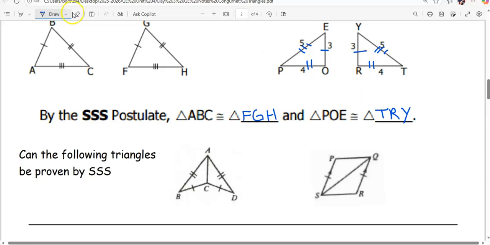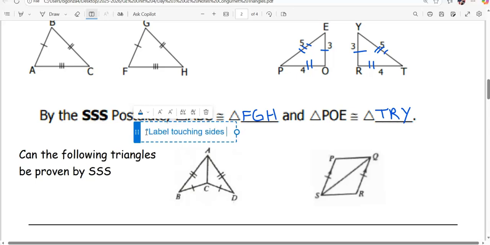I'm going to learn you something new here. Y'all ready? Put a star here, and I want you to write this. Always label touching sides with a tick mark. Very important.